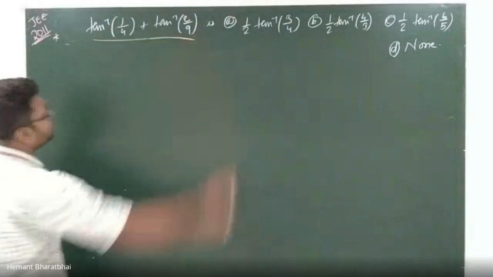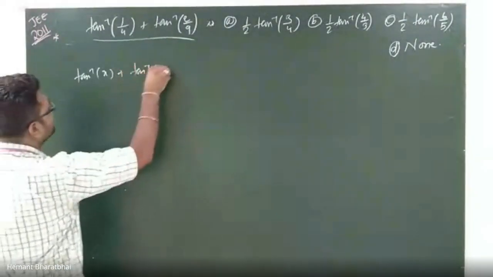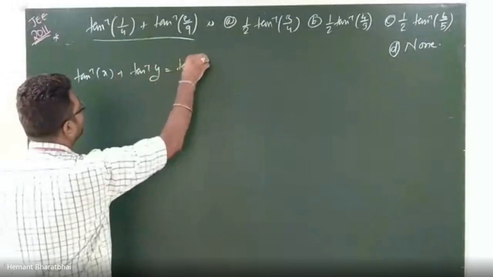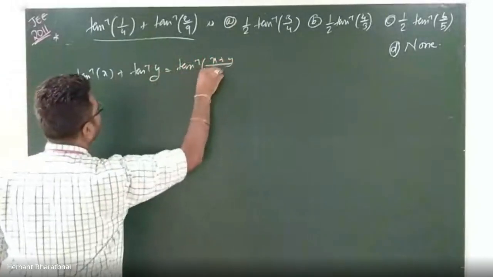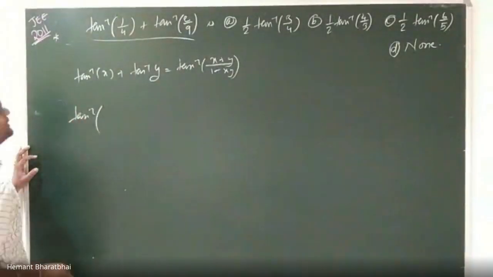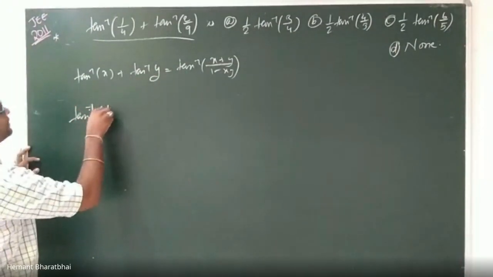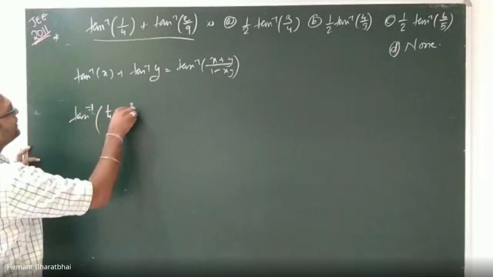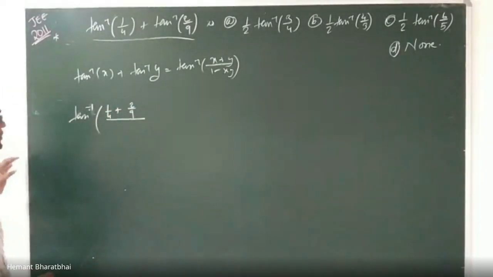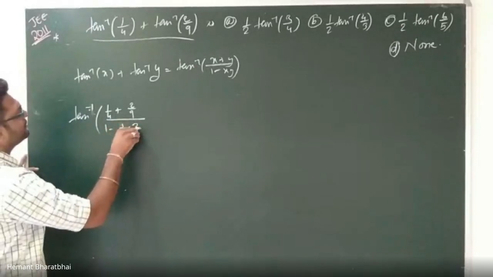So, straightforwardly, we can directly apply the formula: tan inverse of x plus tan inverse of y is nothing but tan inverse of (x plus y) upon (1 minus xy). This will give me tan inverse of (1 by 4 plus 2 by 9) upon (1 minus 1 by 4 into 2 by 9).